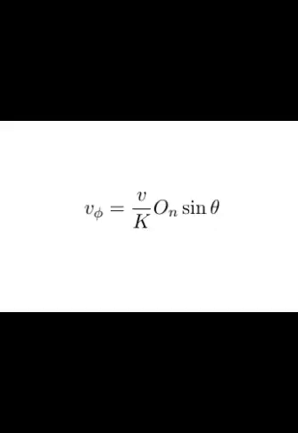So now you have a rotation around the electron, which we can express in the following way here. As you see, it's proportional to the order, of course. The theta is the angle relative to the velocity. K is a constant; we will have a look at it. V is the velocity of the electron.